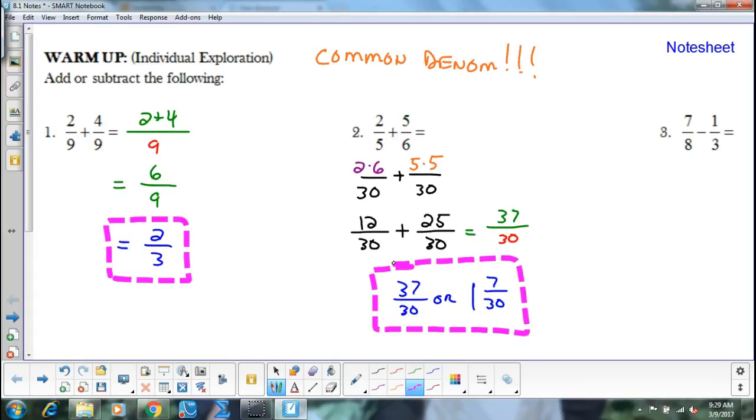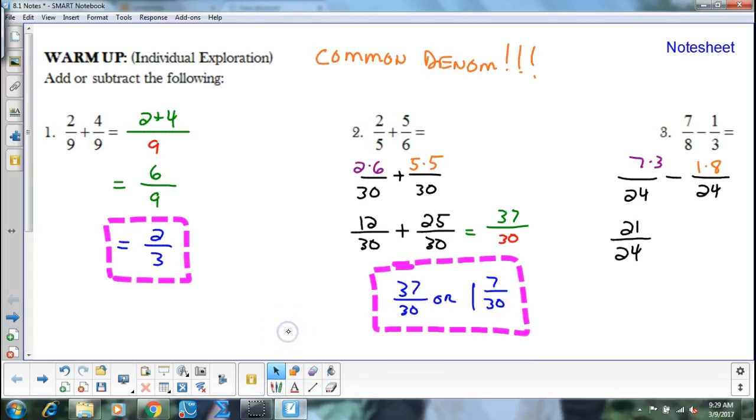Okay? Common denominator in the next one? I like 24. So the first one needed to be multiplied by 3. Second one needed to be multiplied by 8. Okay. So that gives me 21 24ths minus 8 24ths.